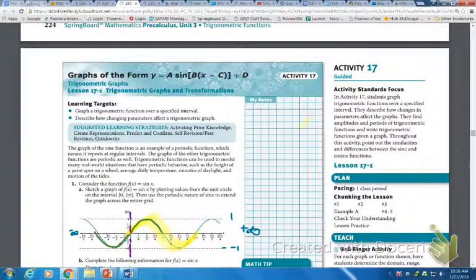Do you remember what we call the functions that are symmetric about the origin? We had 2 kinds. All right. So if this is symmetric about the origin, what is this type of function?